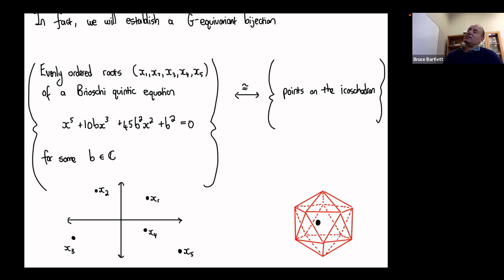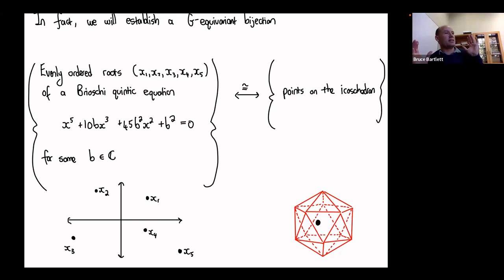So I should say that this talk is based on an article that I had published in the Notices of the AMS. A lot of the stuff was definitely known. This work goes back to Felix Klein and others, but the precise bijection that I'm pointing out here is not very well known, and aspects of the story are not known at all, which I'm writing down for the first time.